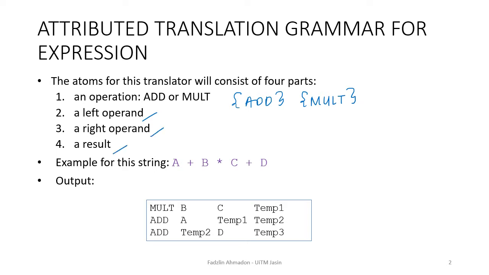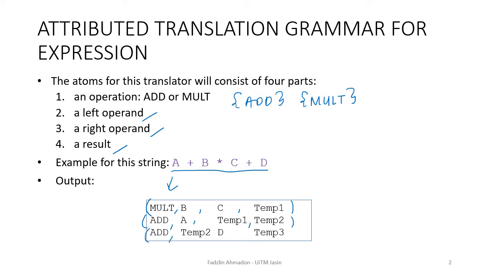So for example, if you have this string A plus B times C plus D, the output must be something like this. Multiply B, C, and store into T1. Add A with T1 and store into T2.